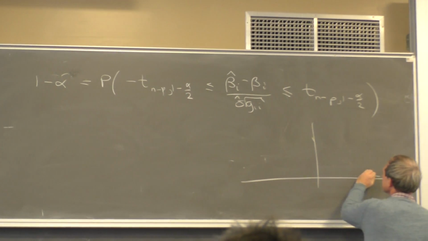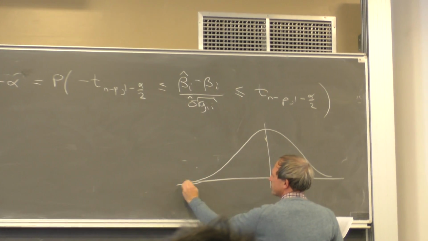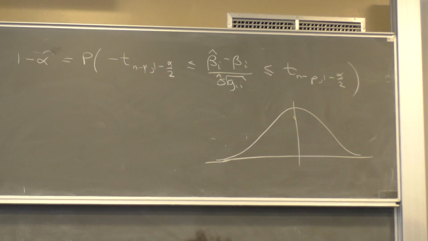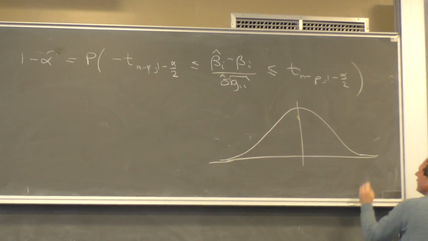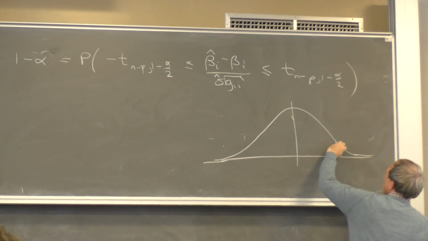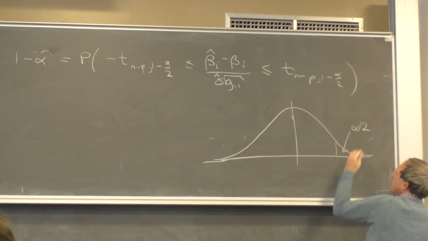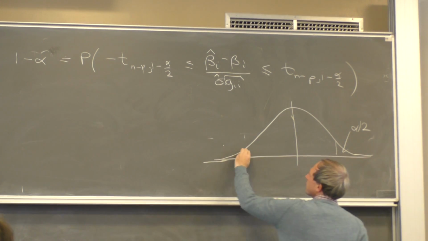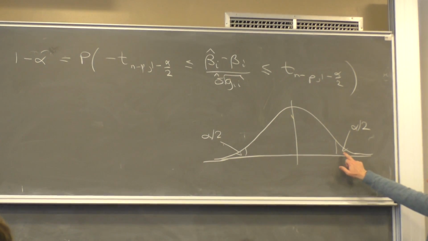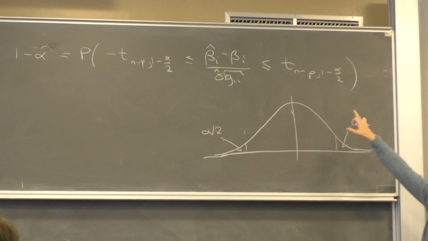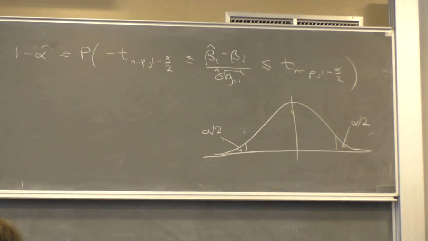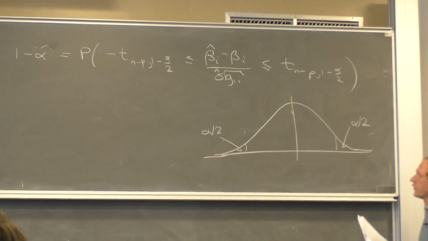Here's the t distribution. It looks a bit like a normal distribution. The picture is probably indistinguishable from an attempt at drawing the normal distribution. Let's say we've got alpha over 2 here, and alpha over 2 here. So the probability of being above the quantile is alpha over 2. The probability of being below minus the quantile is also alpha over 2.